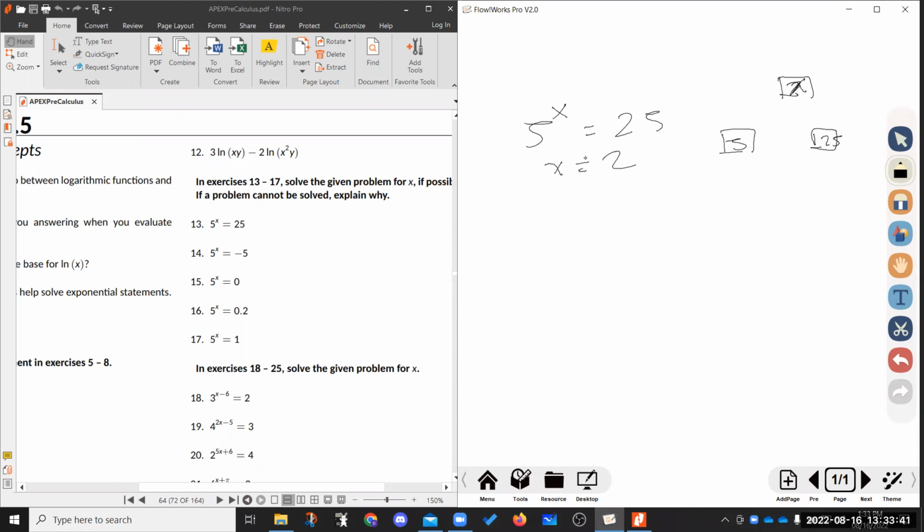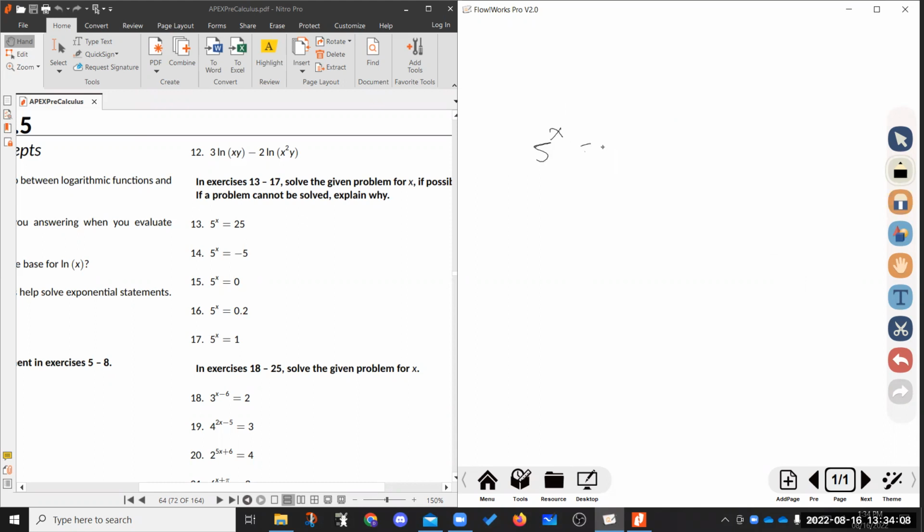You know that 5 squared is 25. We can write this as log base 5 of 25 is equal to x. Log base 5 of 5 squared is equal to x. I may have actually solved this problem earlier, not knowing it was a problem in the assignment. There it is.